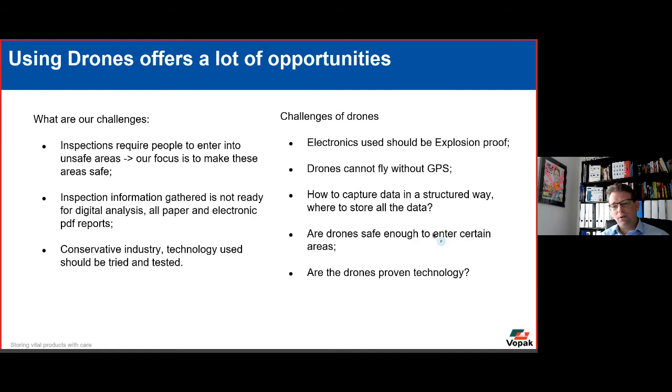So we want to make sure that the technology used is proven, tested, tried, maybe 10 times before we really can adopt it in our environment. So if you solve all these problems, I think we have a lot of opportunities to make our work much more efficient in Vopak.